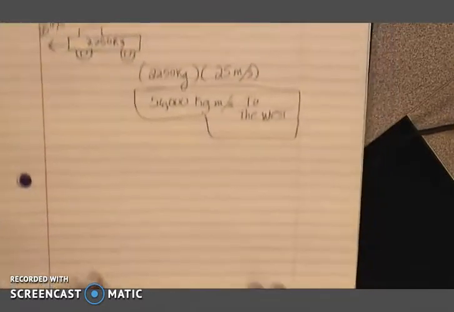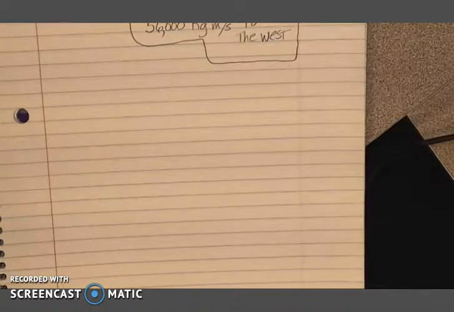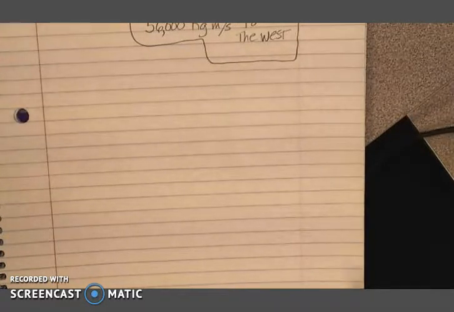So the next thing your book talks about is the impulse momentum theorem. And I think this is where it becomes a little bit more tricky. So when you're talking about impulse, remember this is the length of time a force is applied in order to change an object's momentum.